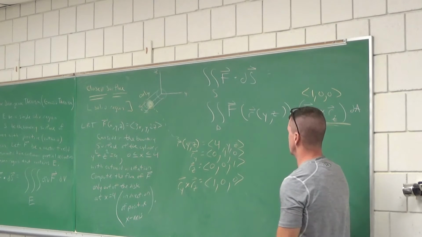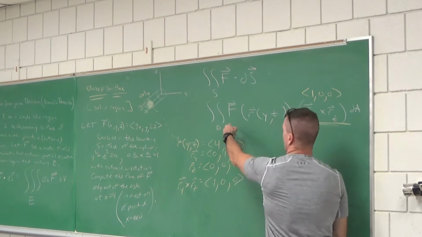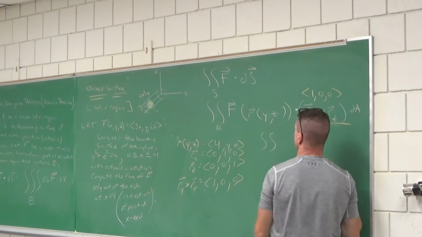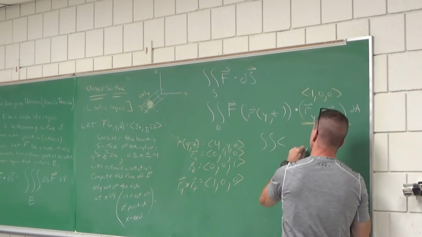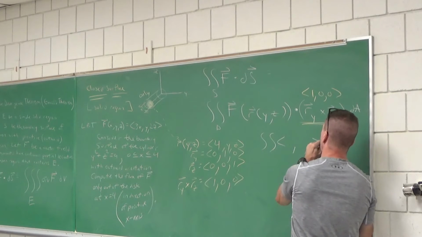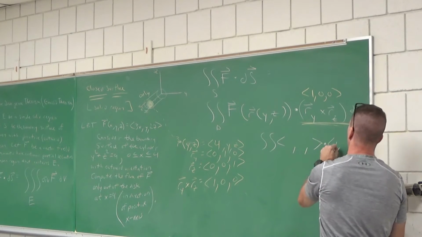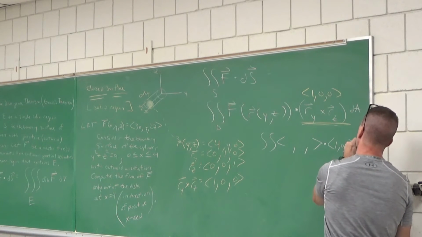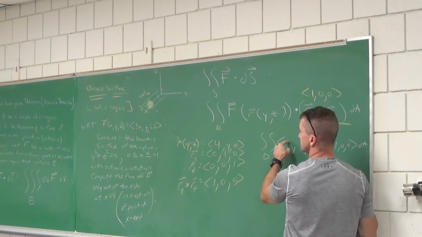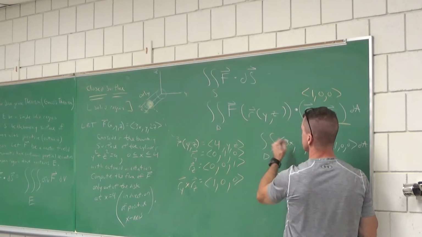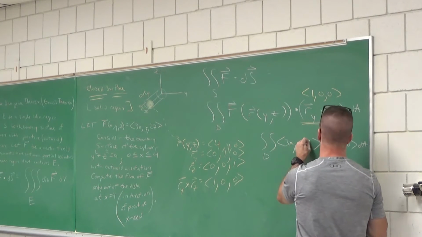So we got this parameterized. Let's rock and roll and hit the next part. What goes here? All right, I'm going to put it out here. I've got enough room. I'll do dot with 1, 0, 0, dA. This will be just that region. This is, let me look at the vector field, 3x, y, and 2z.